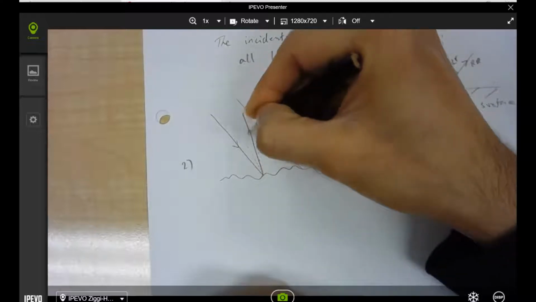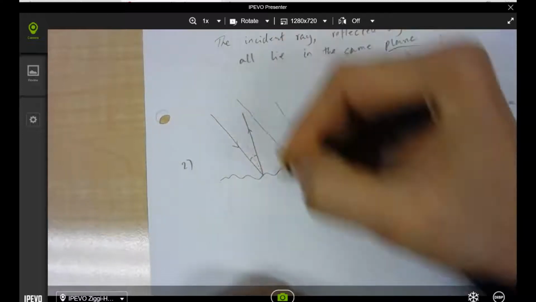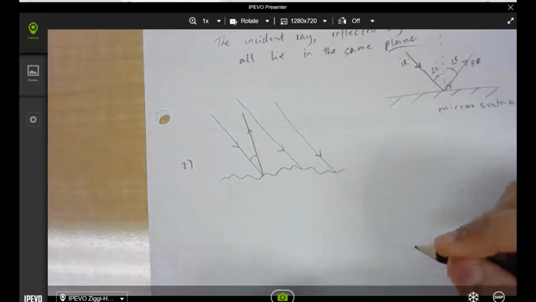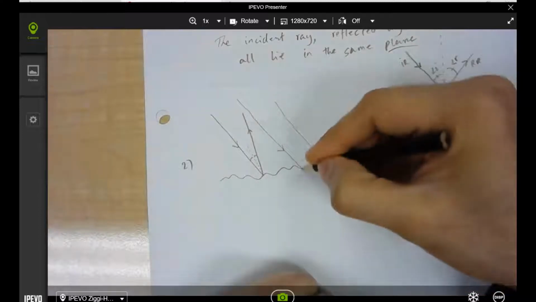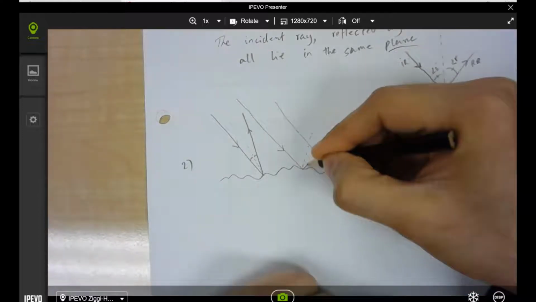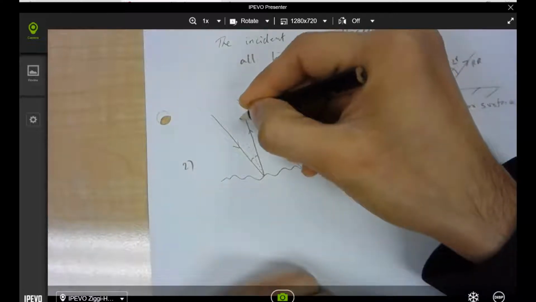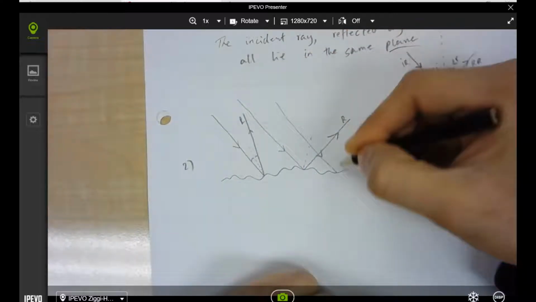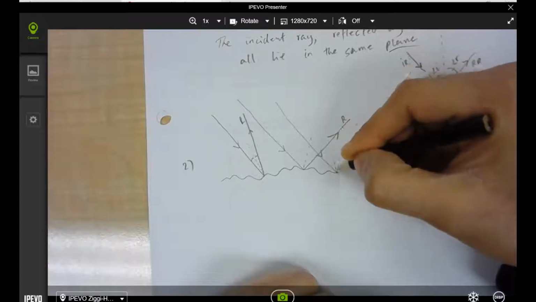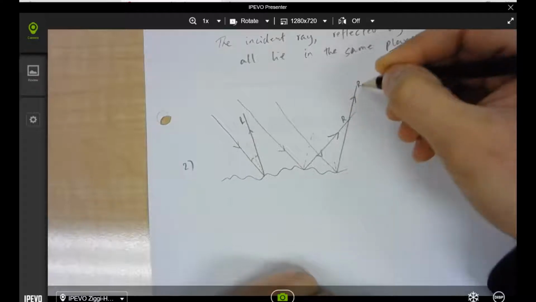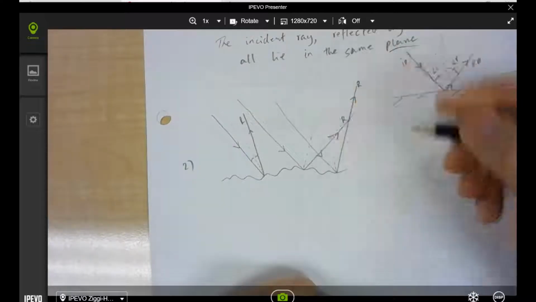And so according to the laws of reflection, the angles will still be equal, but the direction of the reflected rays will not be the same, because the normal at each point is different because of the bumpy surface. So this is a reflected ray right here. This is a reflected ray right here. And that's also a reflected ray right there. So you can see that they're all pointing in different directions.